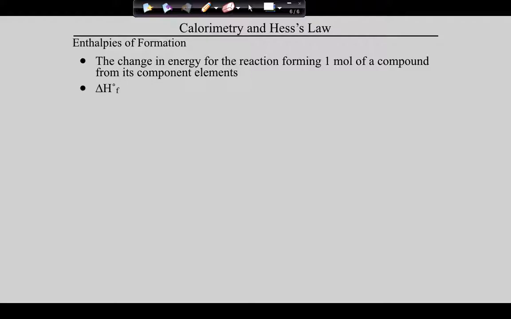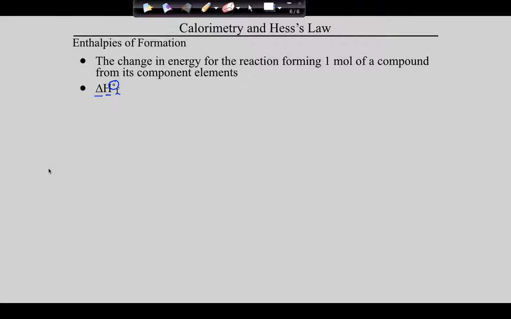Now, guys, it's abbreviated delta H naught sub F. We'll talk more about that after you write it down. So, guys, let's make sure you're clear. You understand what delta means, right? Change. This is heat or enthalpy of formation. But this, do you guys know about that critter?